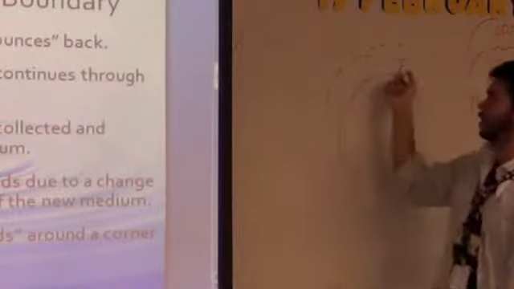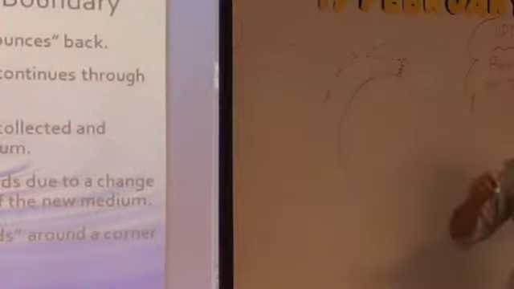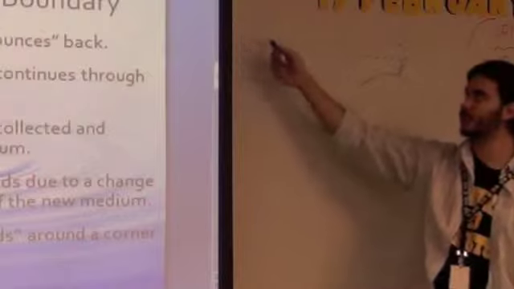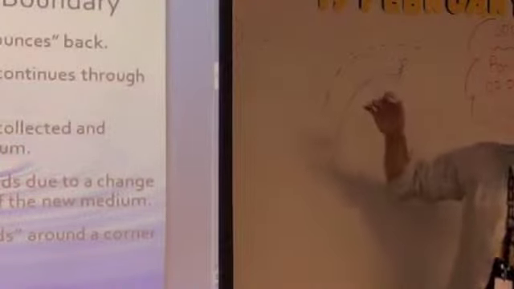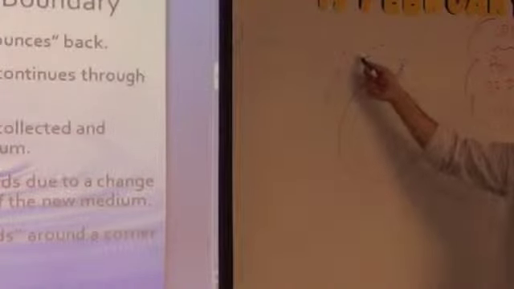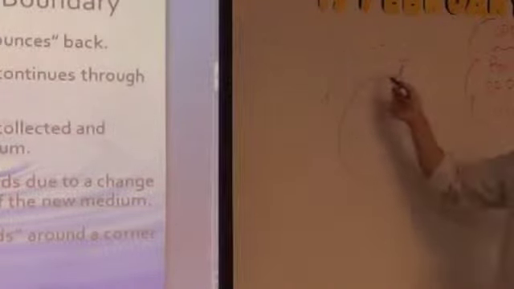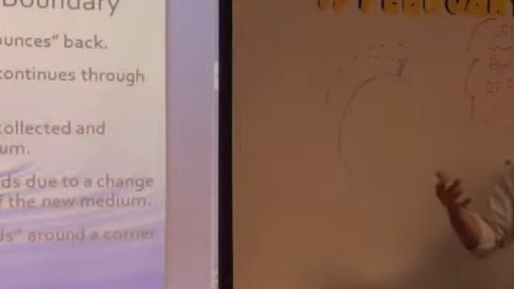You see the sun, it appears to be right there if you were to draw a straight line. But what happens is when the light comes from the sun, it's traveling through the vacuum of space, there's nothing there, really, really fast, and then it hits the atmosphere and it gets bent slightly because air is a lot more dense than nothing.